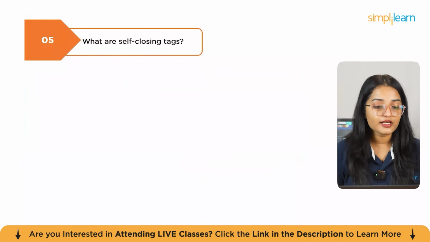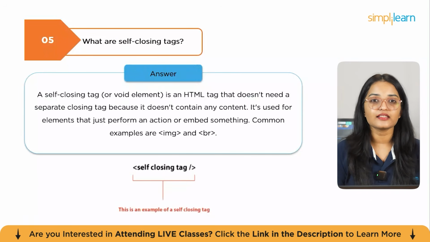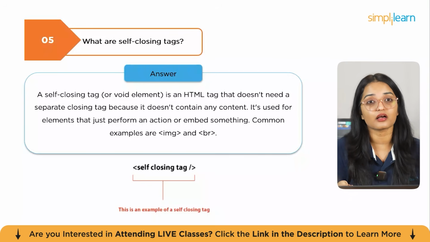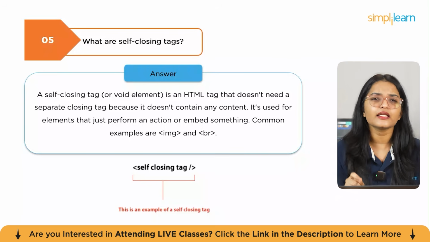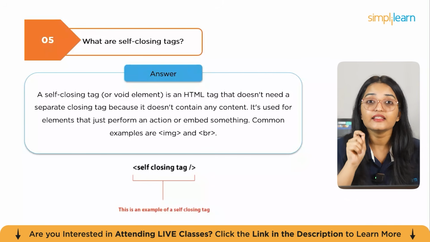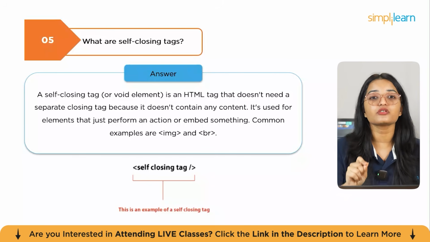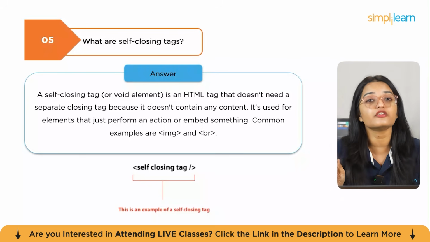Now, the fifth question is, what are self-closing tags? To answer this, you can say that a self-closing tag is also known as a void element, and it is an HTML tag that does not require a separate closing tag. This is because they do not contain any content between an opening and closing tag. They are used for elements that simply perform an action or embed an external resource.